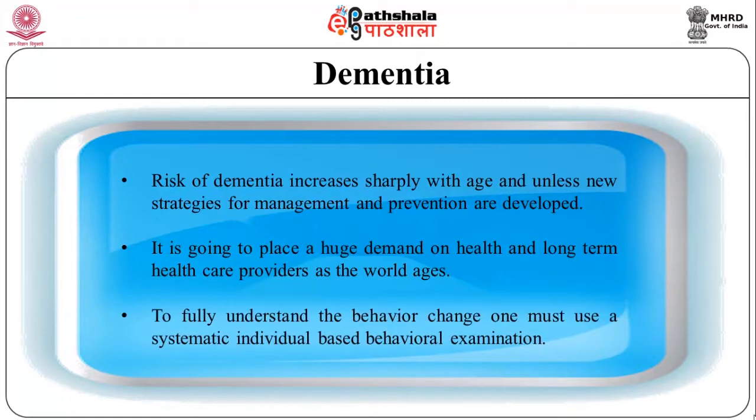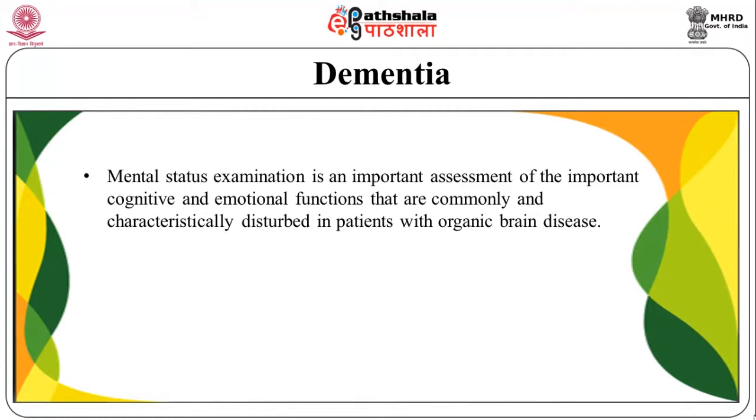To fully understand the behavior changes, one must use a systematic individual-based behavioral examination. The mental state examination is an important assessment of the important cognitive and emotional functions that are commonly and characteristically disturbed in patients with organic brain diseases.